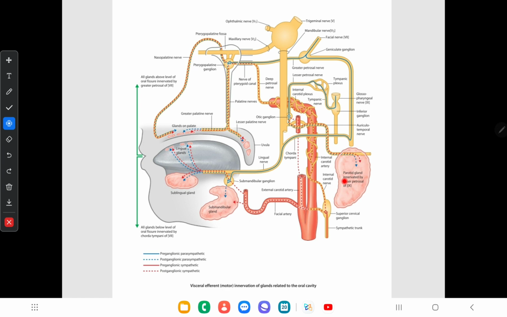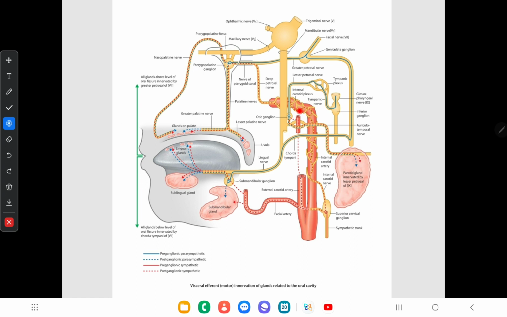Then the other connection is motor fibers, which is the communication from the nerve to the medial pterygoid, which passes through the ganglion to supply tensor palatini and tensor tympani muscles. Finally, postganglionic sympathetic fibers reach the ganglion from the sympathetic plexus around the middle meningeal artery.